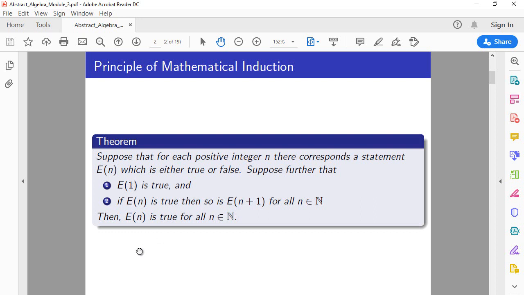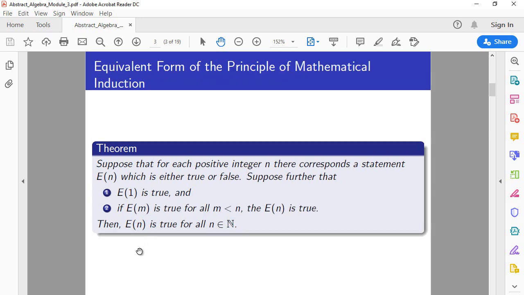There is a little bit of a different version of this principle. So here is an equivalent form of the principle of mathematical induction, which says the following. Again, suppose that for each positive integer n, there corresponds a statement E(n), which is either true or false. Suppose again that number 1, E(1) is true, and number 2 is that if E(m) is true for all m strictly less than n, then E(n) is true.